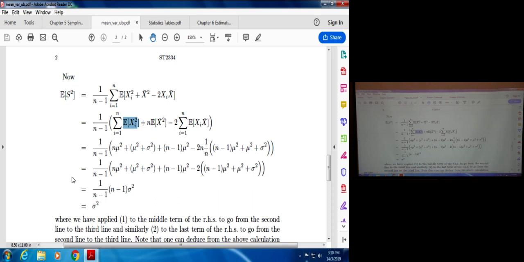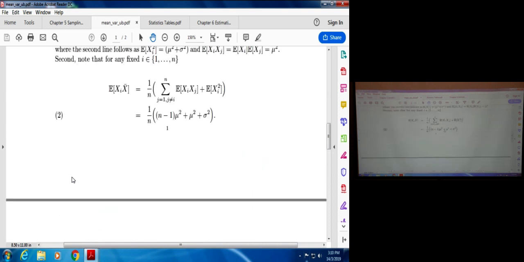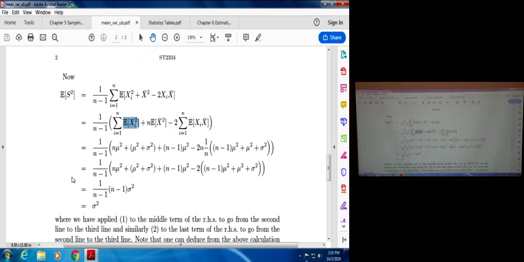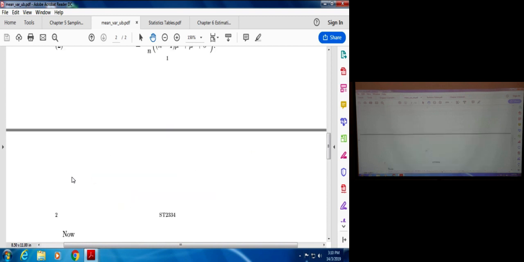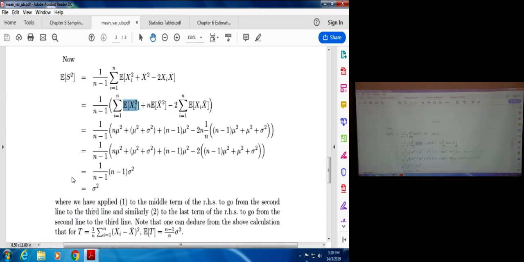And now the expected value of xi times x bar is 1 over n times this times this. So I put this quantity in here, and I get 2, and you get n of them because these are the same for each i. And so this is this term here. I will correct this slide later today.